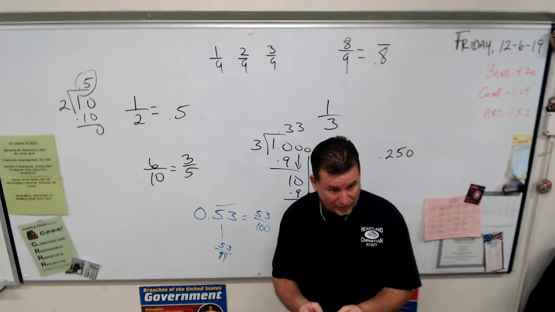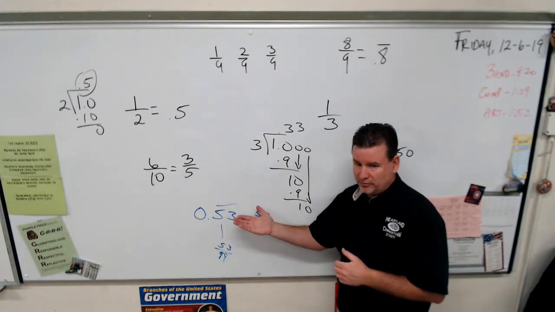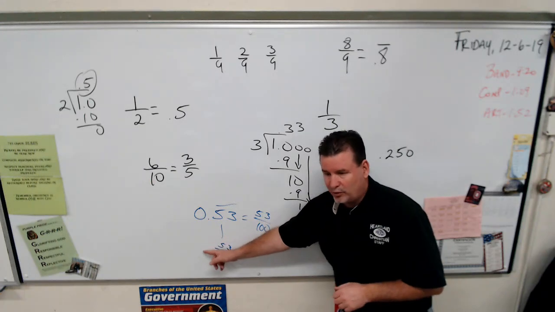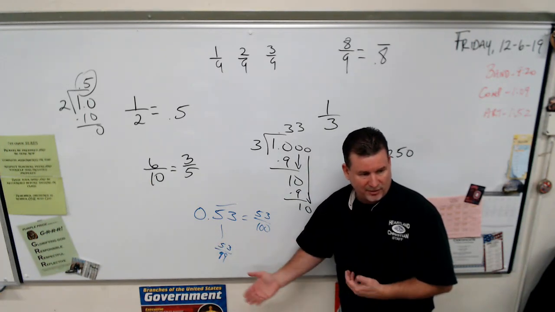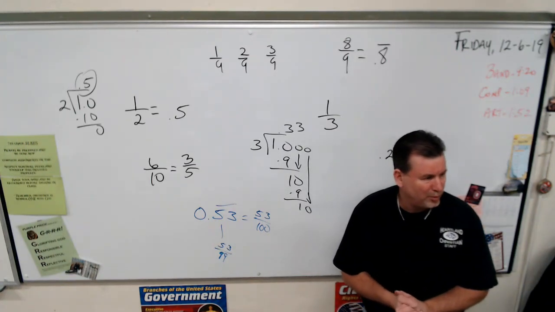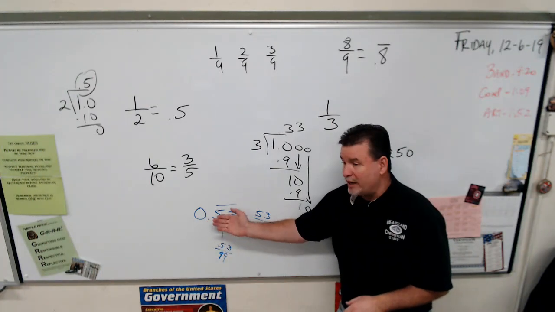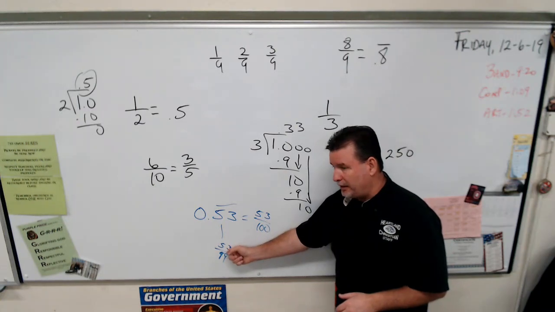So 0.53 and 0.53 repeating aren't necessarily the same. Don't worry about that too much. I'm not going to ask you a question like that on the test, but you do need to know the difference between straight 0.53 and its repeating form, 53/99.